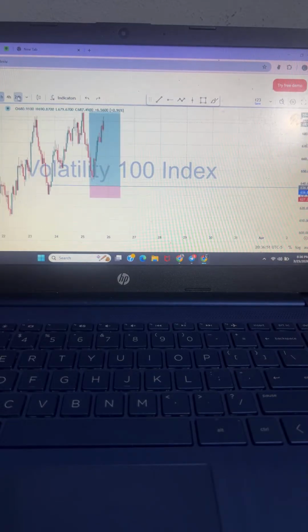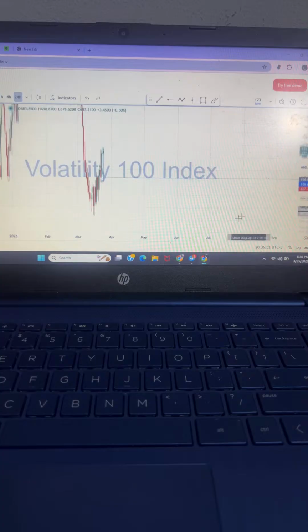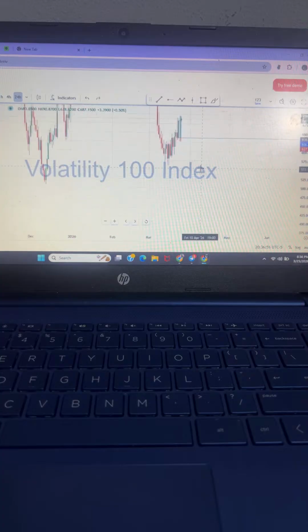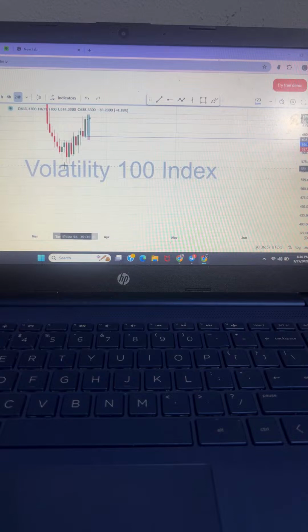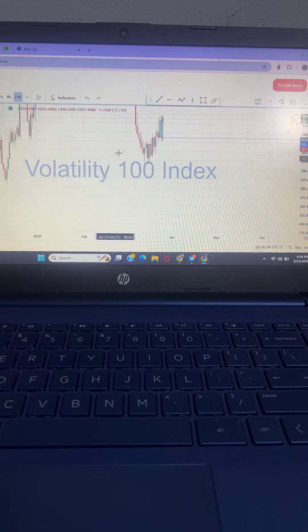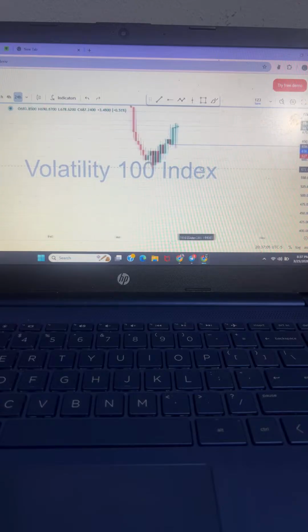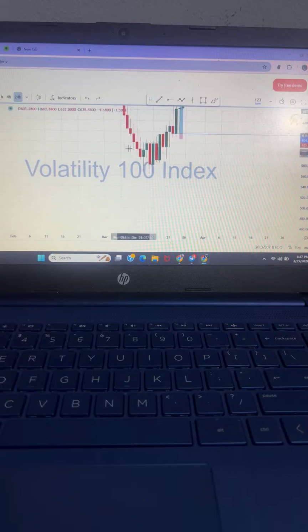So the reason why I was buying this 100 is because, as you can see, price is in a little uptrend here, a little retracement or uptrend, whatever you want to call it. And why I say that is that price was making lower lows and lower highs.